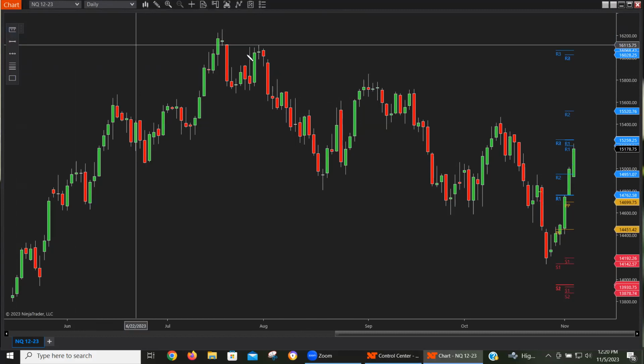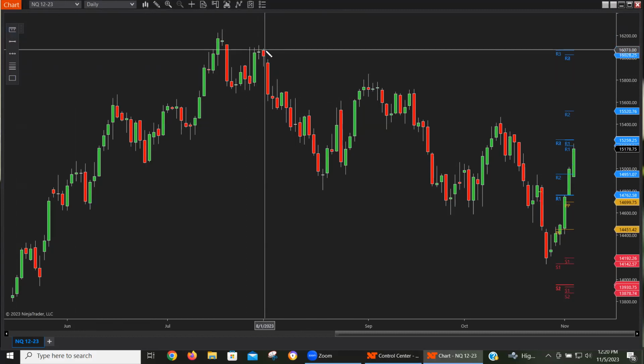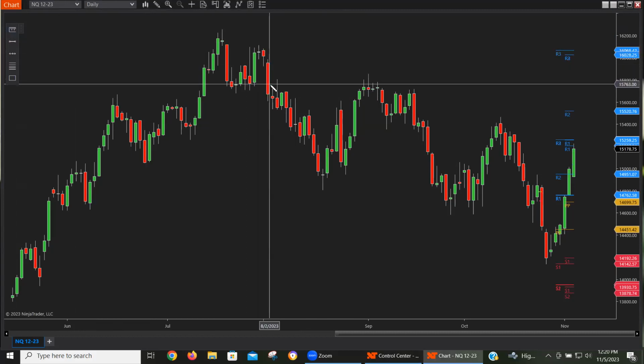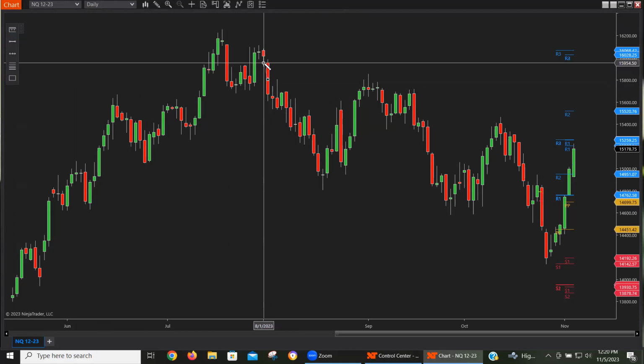So the stop loss on that particular trade, if I got in up in this area, the high of this candle is 175 points. So it's impossible to trade off the daily chart with a small account. Does that make sense so far?